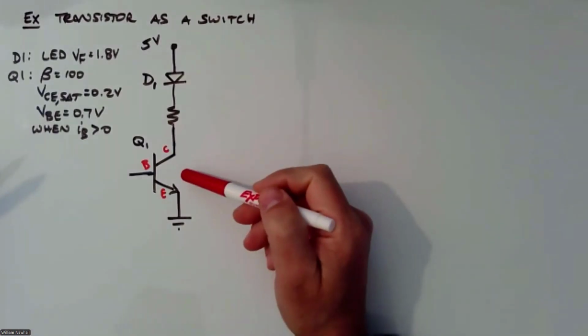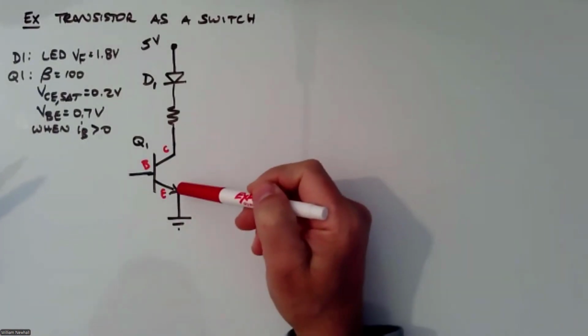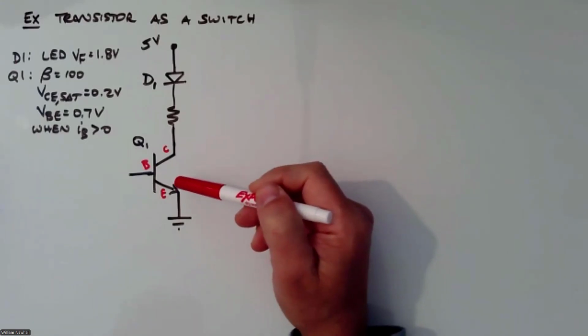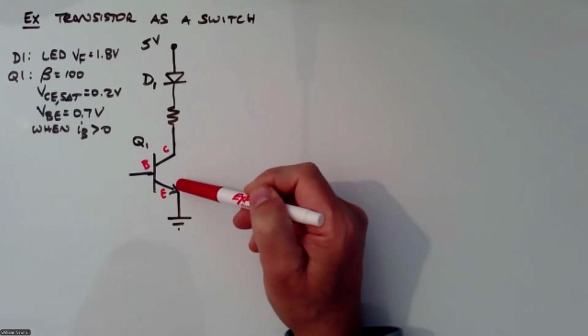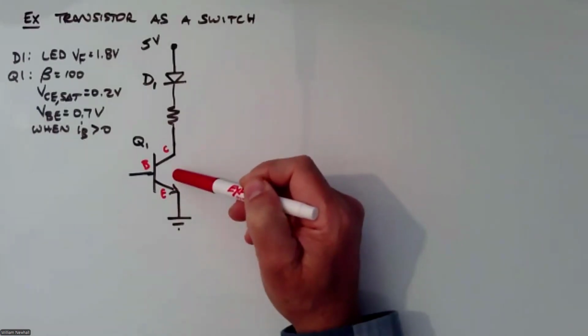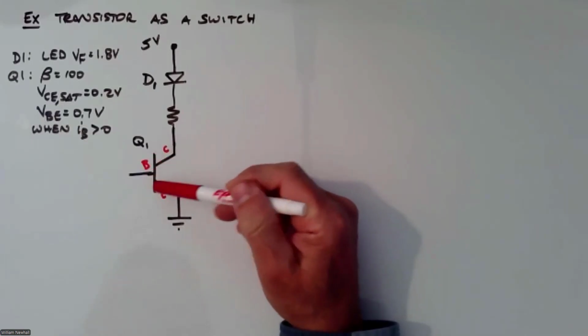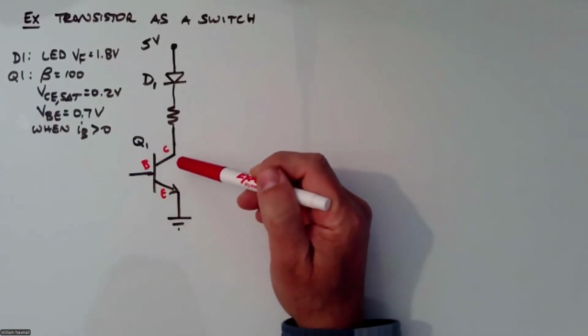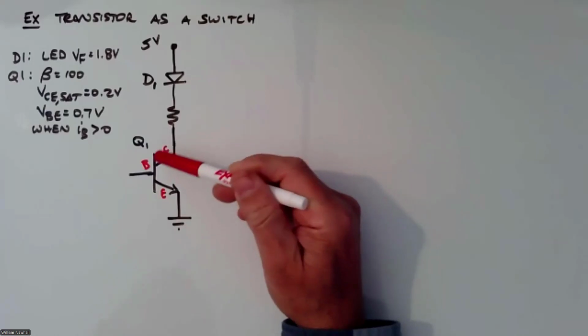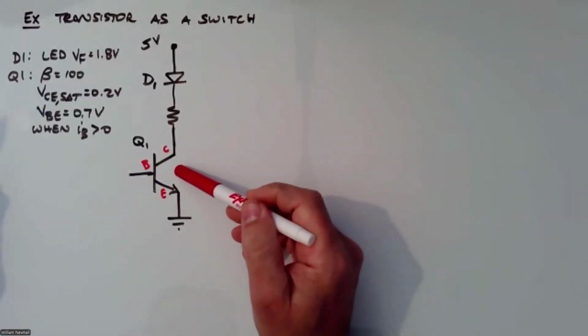If you have an NPN transistor, the arrow goes out on the emitter. If you have a PNP transistor, the arrow goes in. If you have a FET, a field effect transistor, like a MOSFET, and there are different variants of those and different symbols. So we use the symbol to identify the type of transistor that we have in a circuit.